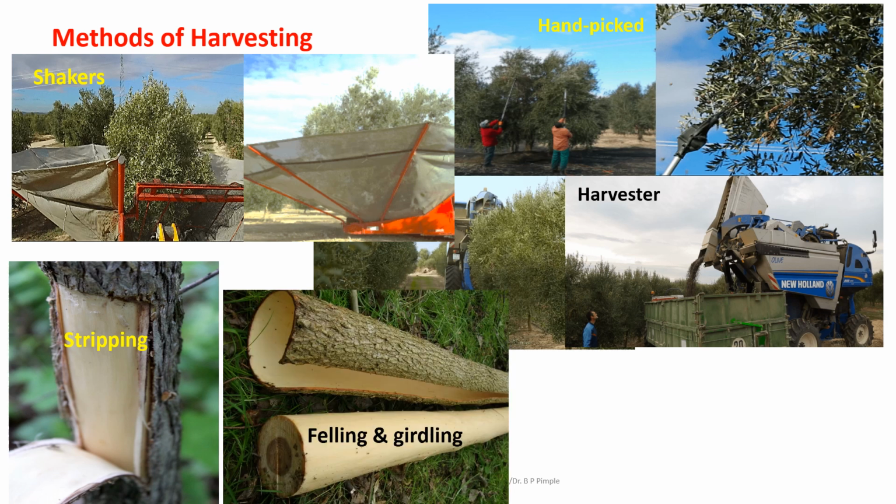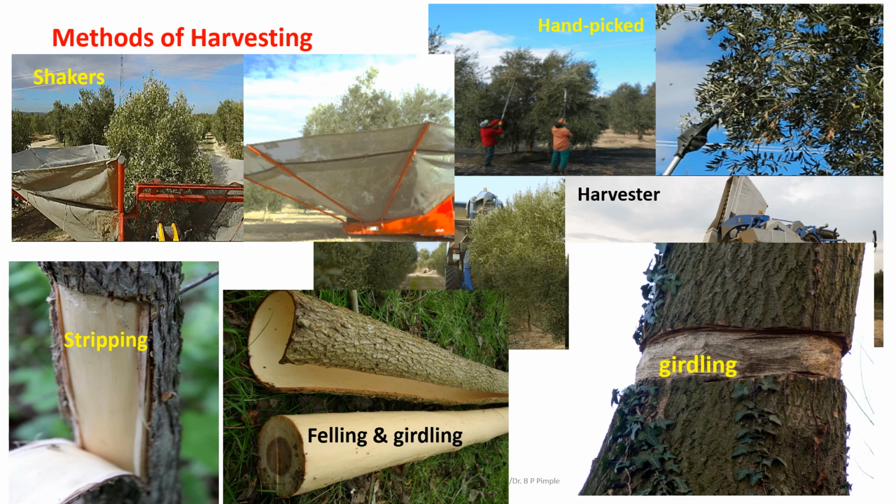Second method is felling and girdling. The entire plant is cut. The large stems are cut at the base, and the stem or the wood is separated by giving a circular incision across the stem on both the sides, and a central vertical incision is given so as to separate the entire bark.